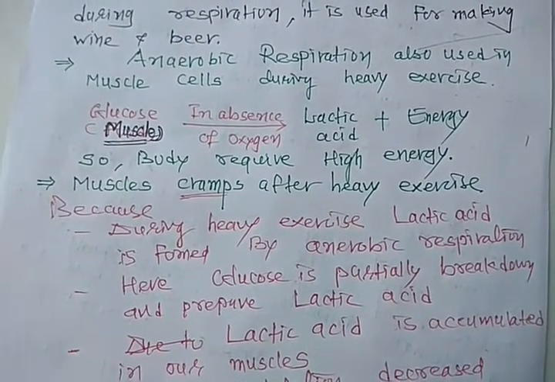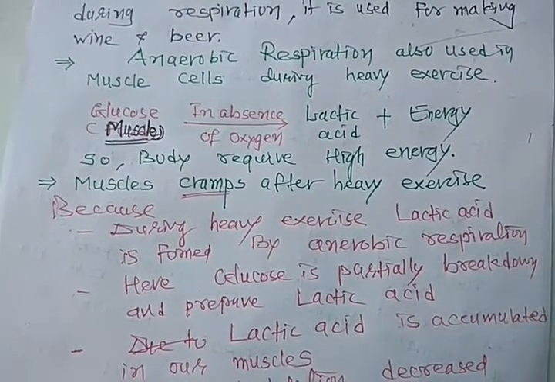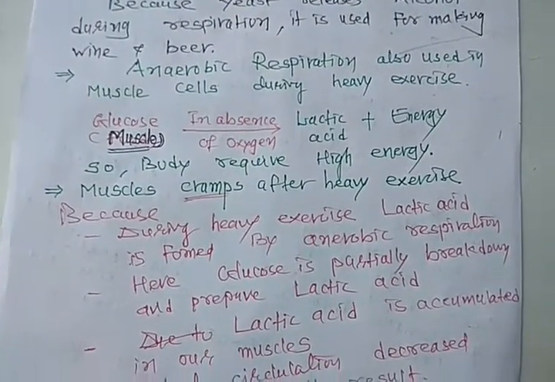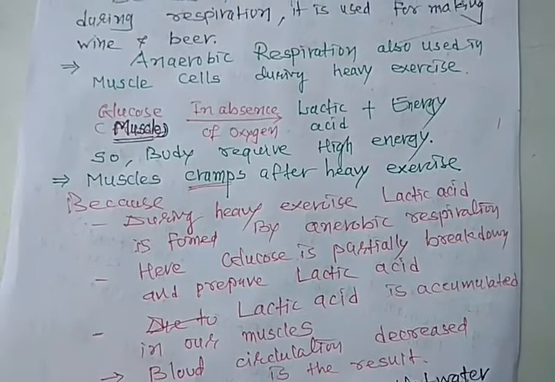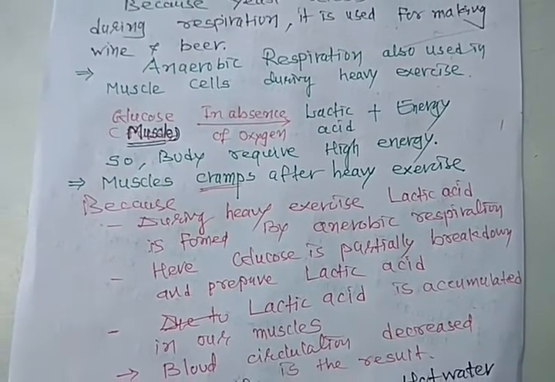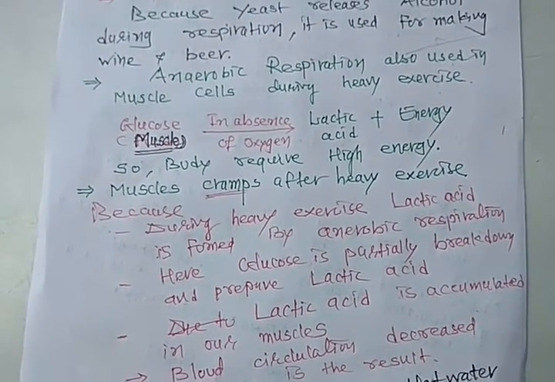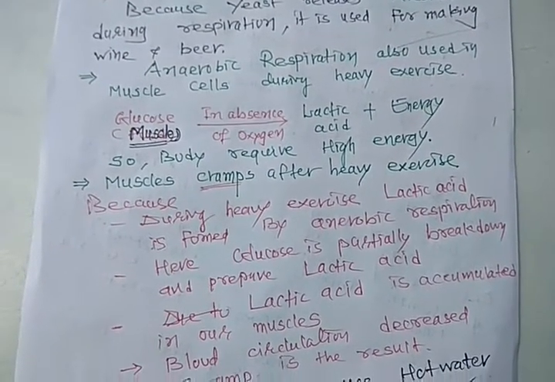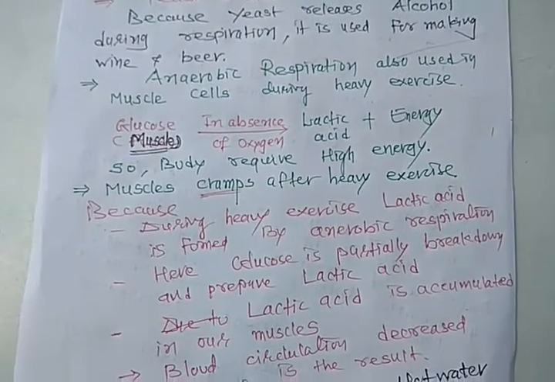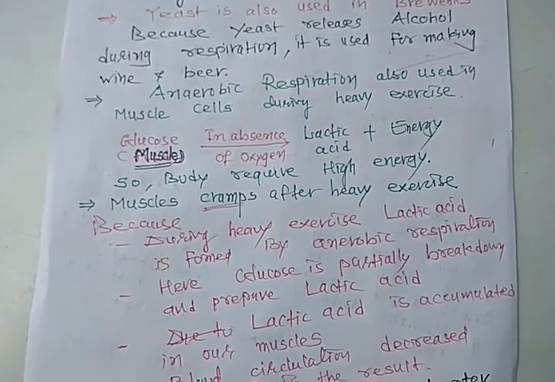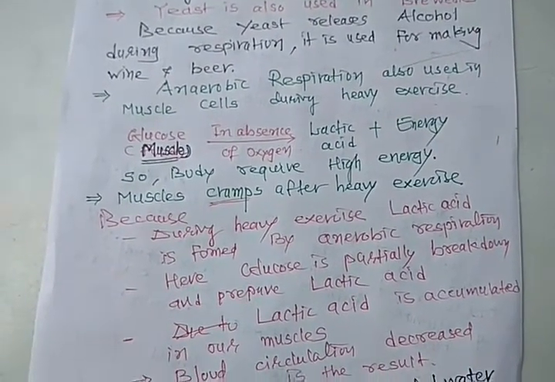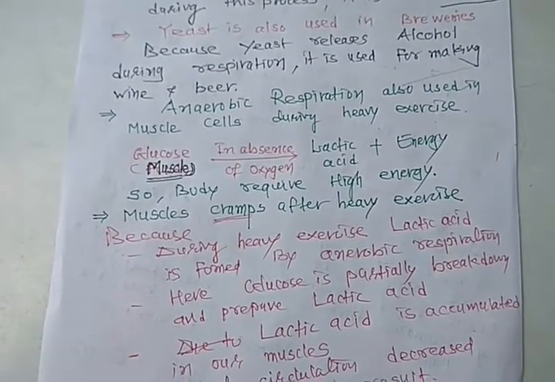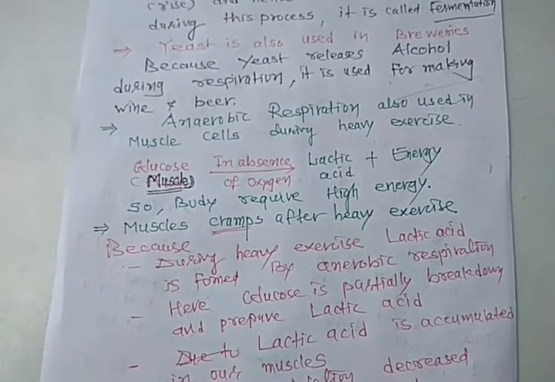Anaerobic respiration is also used in muscle cells during heavy exercise. Now, during this anaerobic respiration, during heavy exercise, glucose in muscle in the absence of oxygen produces lactic acid plus energy. Due to this lactic acid, your muscle becomes cramped, right?